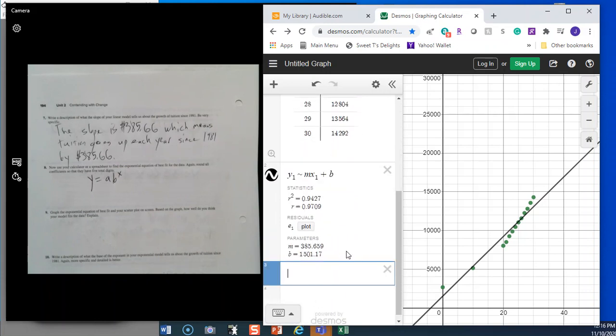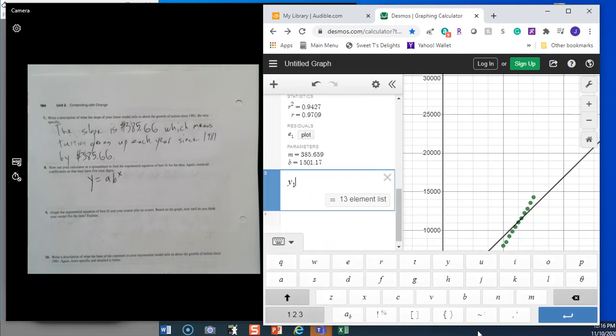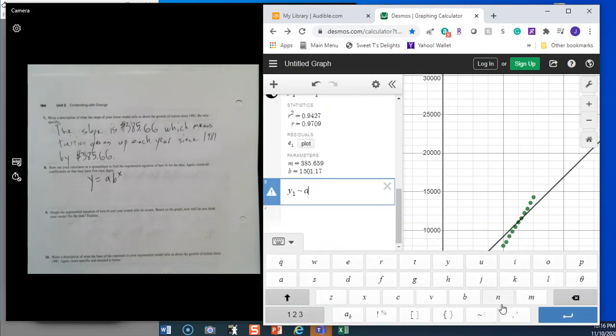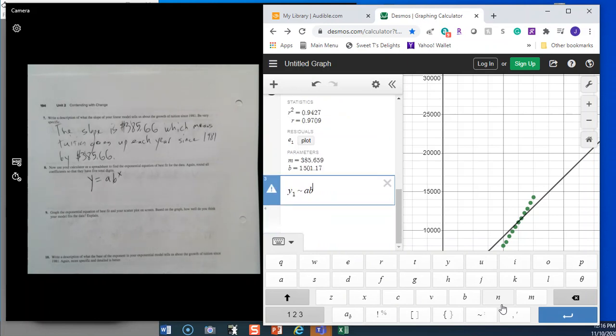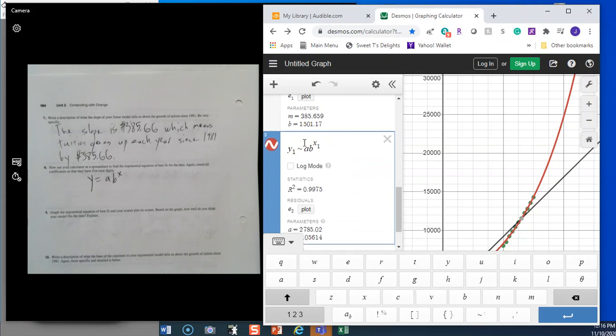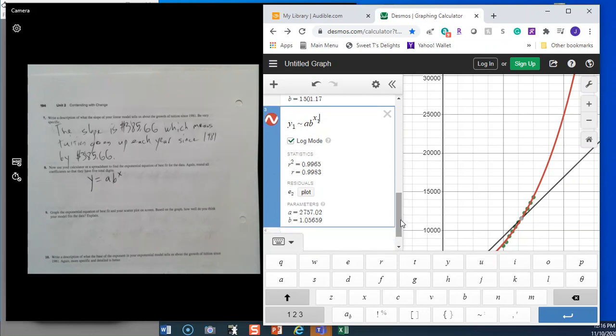So now we're going to put this in for the exponential regression. So we have y1, we'll get our tilde, ab, then we'll take this to the x1 power, because remember it's y1 and x1. Now again, with the exponential regression, you have to click this log mode. Do not forget to click the log mode or you will not have the correct answer.